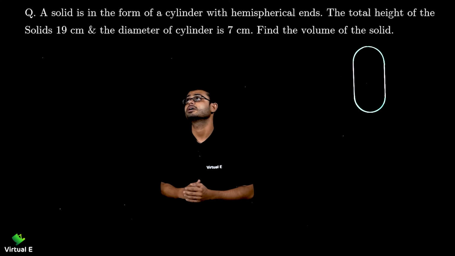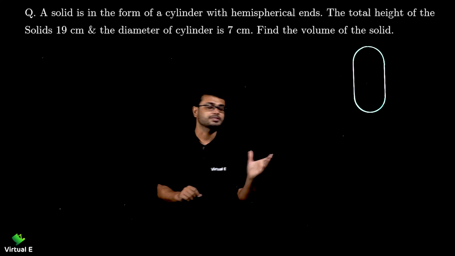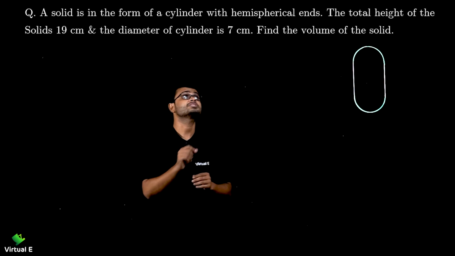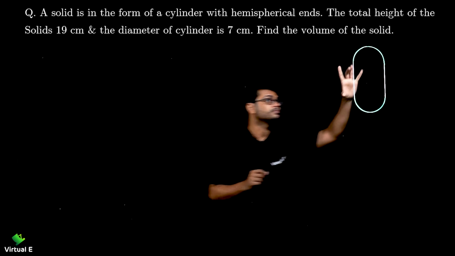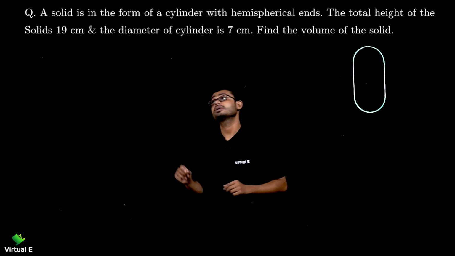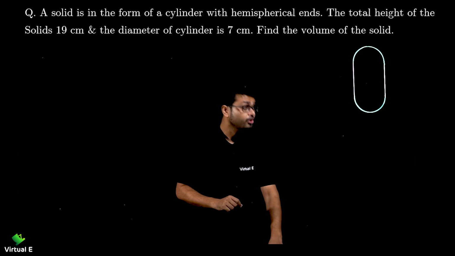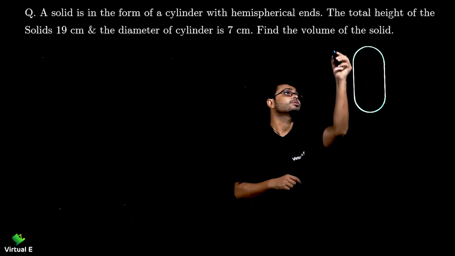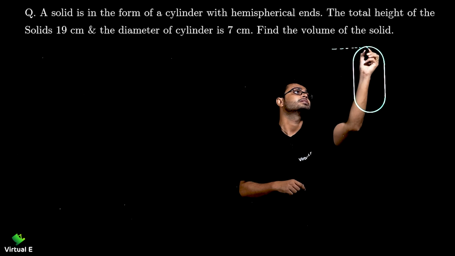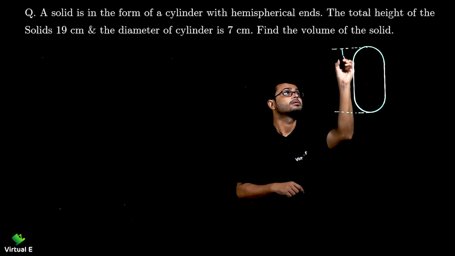Let's read the question. A solid is in the form of a cylinder with hemispherical ends. So this is a cylinder and there are two hemispherical ends. The total height of the solid is 19 centimeter. Important information.